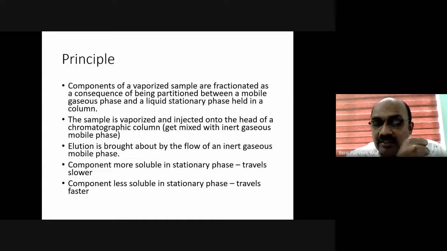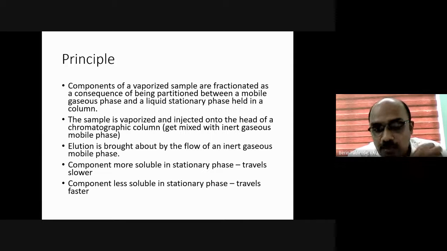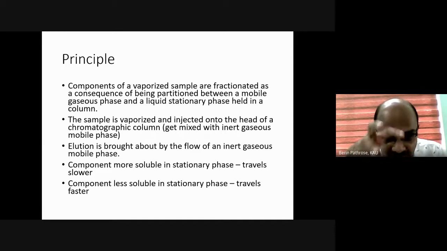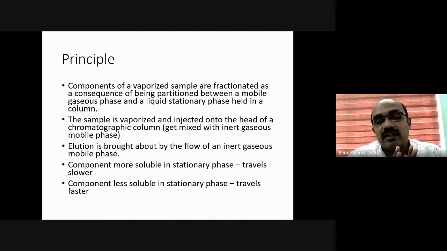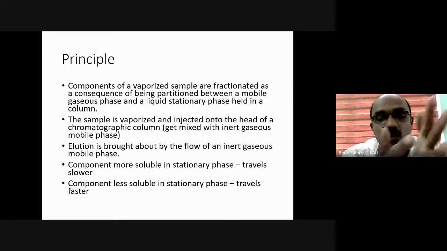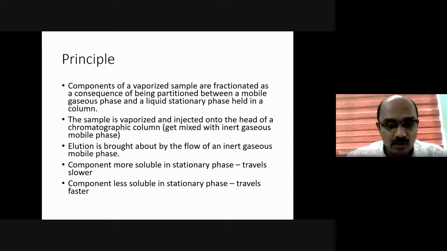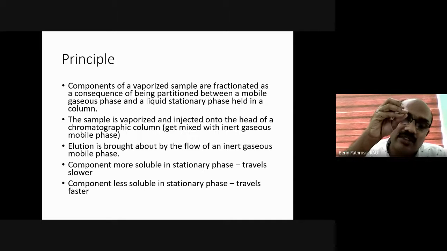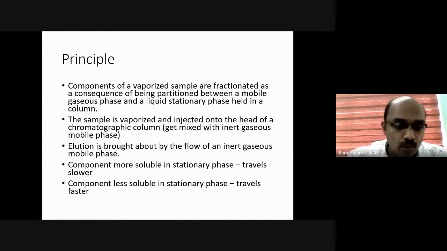Once the sample is allowed to pass through the stationary phase with the help of the flow of the mobile phase, again a gas, the compounds will get separated based on their affinity towards the stationary phase. Those compounds which have affinity towards the stationary phase will move very slowly. Those compounds which do not have any affinity towards the stationary phase travel quickly along with the gaseous mobile phase.